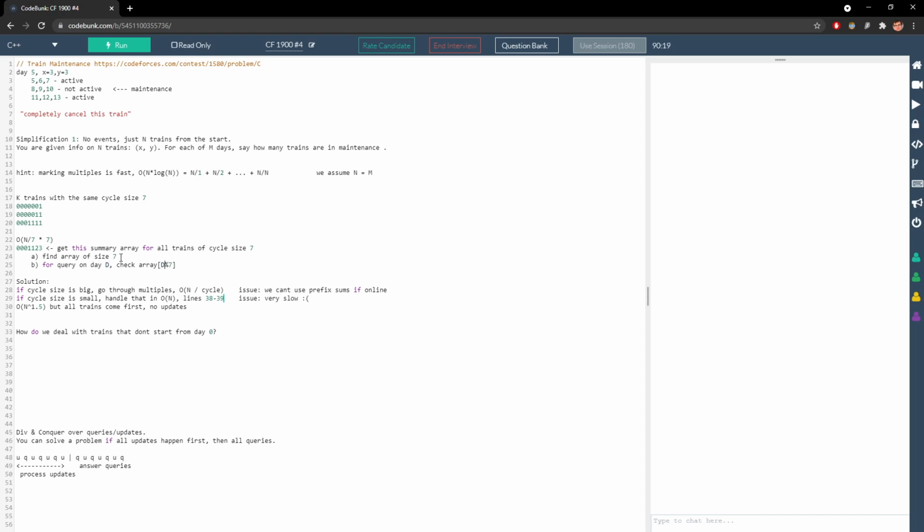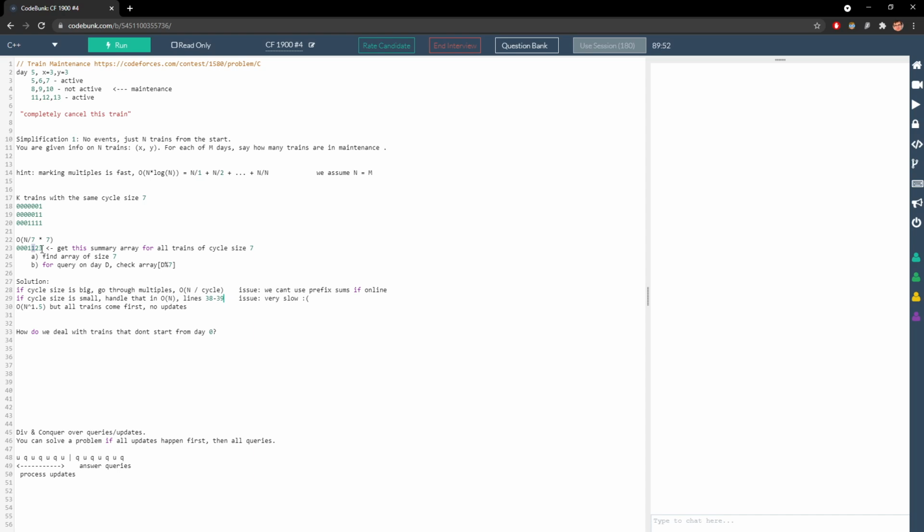There is no reason for us to update its contribution to all the days, because that's wasteful, because this array will change in a moment. Instead, let's just keep it, and then when we are on day D, we can look at this array of size 7 and we can look at some single value that we know should be added to this current day.